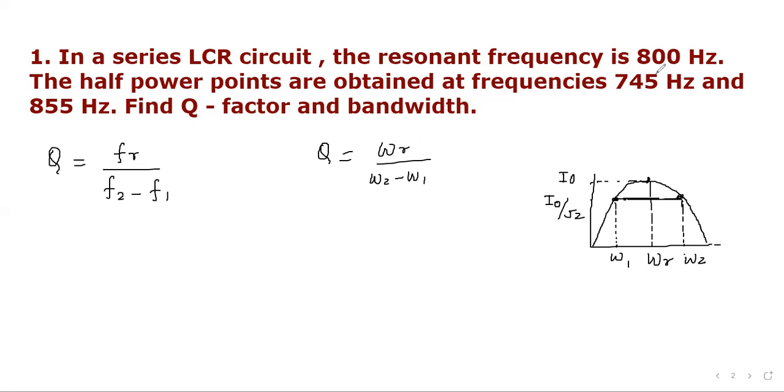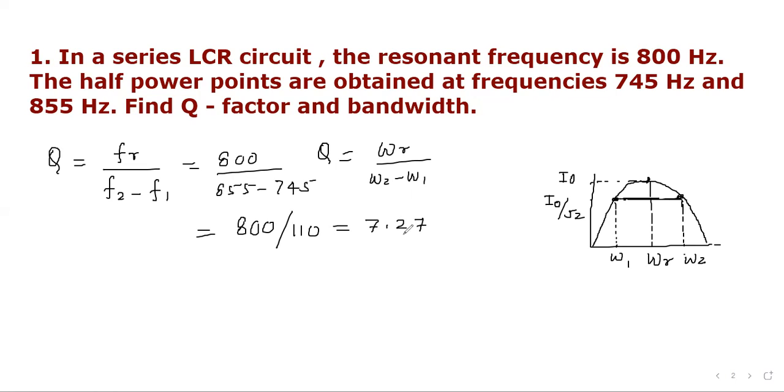Fr is given as 800. So 800 divided by 855 minus 745. So this will be equal to 800 divided by 110, which is equal to 7.27.